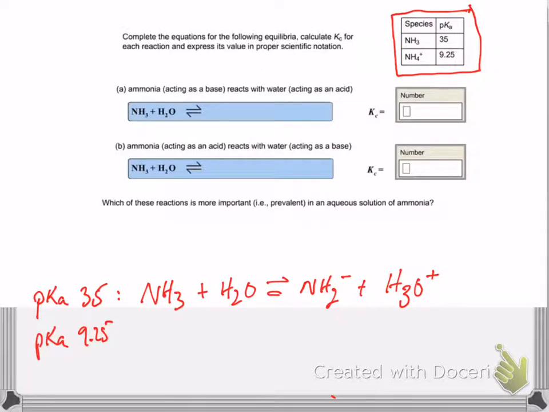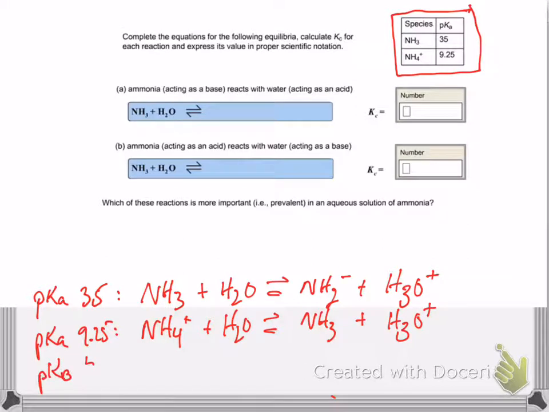The pKa shown of 9.25 is the reaction of NH4+ plus water, making NH3 plus H3O+. In this case, we have ammonium, NH4+, reacting with water to make NH3 plus H3O+. The pKb, which is 14 minus 9.25, is for the chemical reaction NH3 plus water to form NH4+ plus OH minus.